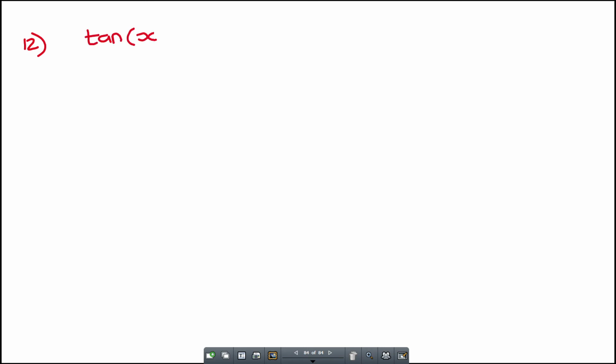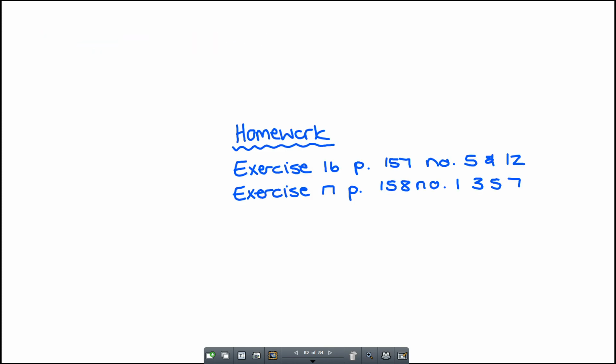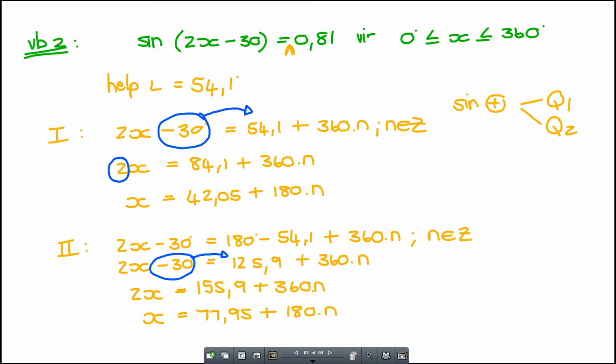Julle klaar? Okay, so as jy gaan instel, so jy moet eindig met x is gelyk aan.